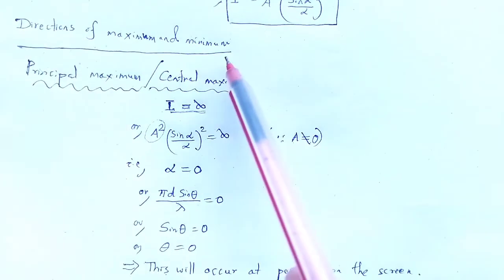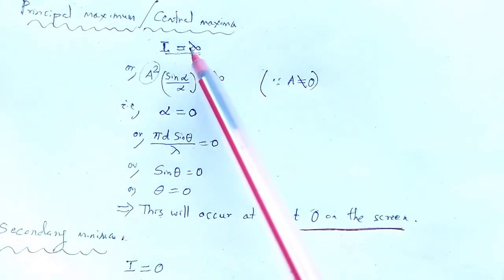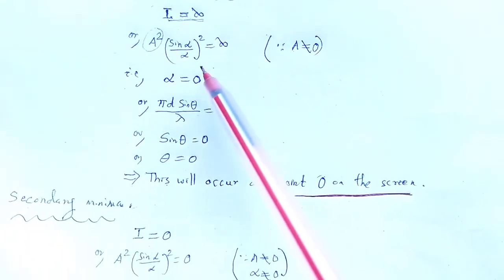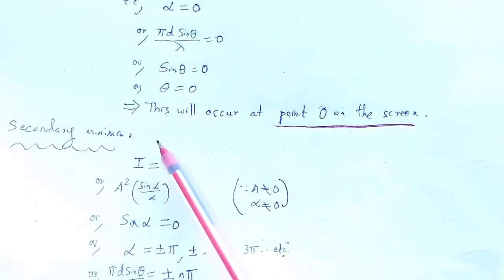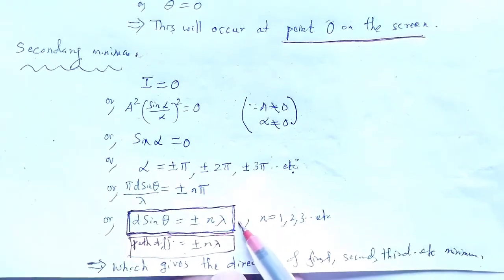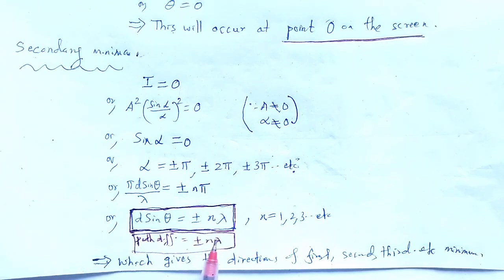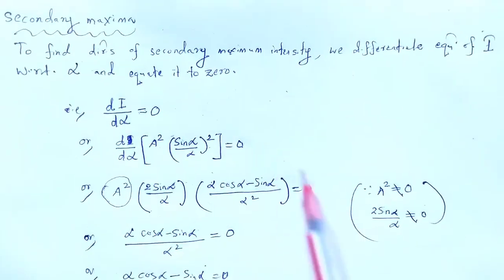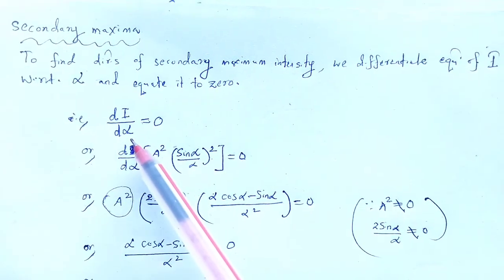Next, the directions of maximum and minimum. For principal maximum, the intensity is maximum, therefore theta will be 0, that will be the position of central maximum. Then for secondary minimum, intensity will be 0, that is the expression for minima. We say when the path difference is an integral multiple of lambda, then we have minimum. Secondary maxima are calculated by differentiating the intensity with respect to alpha.